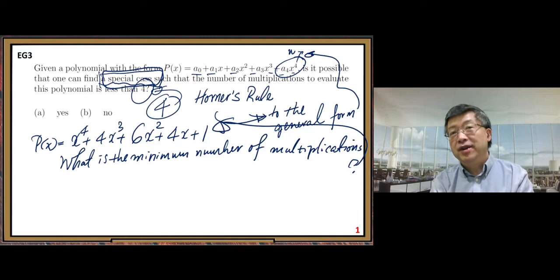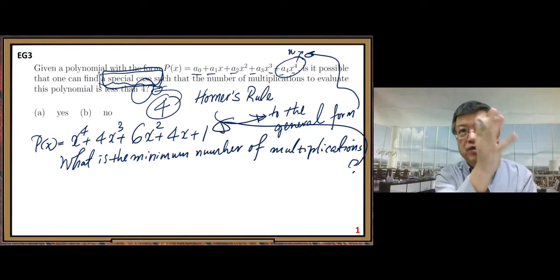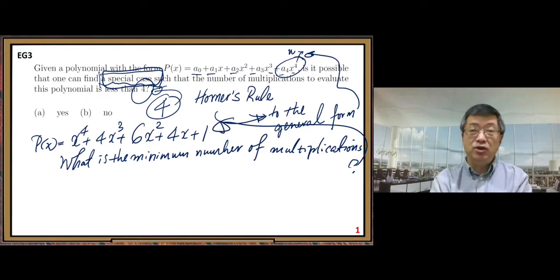Can you discover some special structure for this polynomial? This polynomial is so special. Can you discover it? Do you remember there is a theorem called the binomial theorem? Newton's binomial theorem, sometimes people also call it Newton's formula.